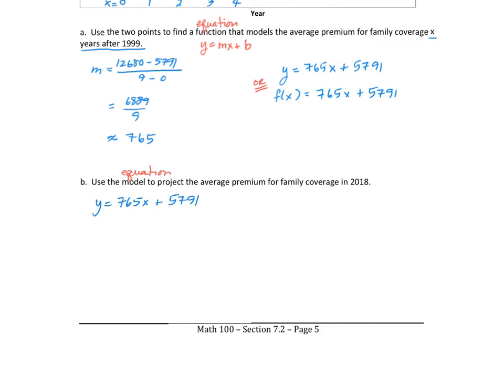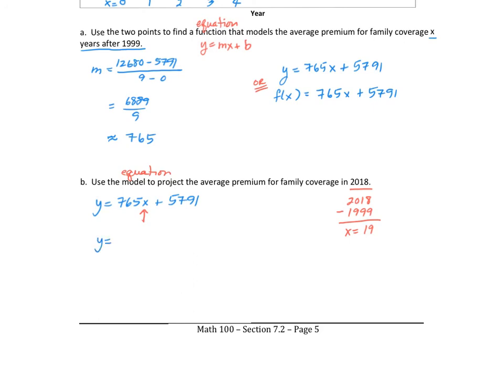We need to put in the proper x value. So the year 2018, that's what we want. Remember, x is the years after 1999. So 2018 is 19 years after. We started with 1999, so if I do the subtraction, I end up with 19. That would be the x value that I'm putting in my equation.